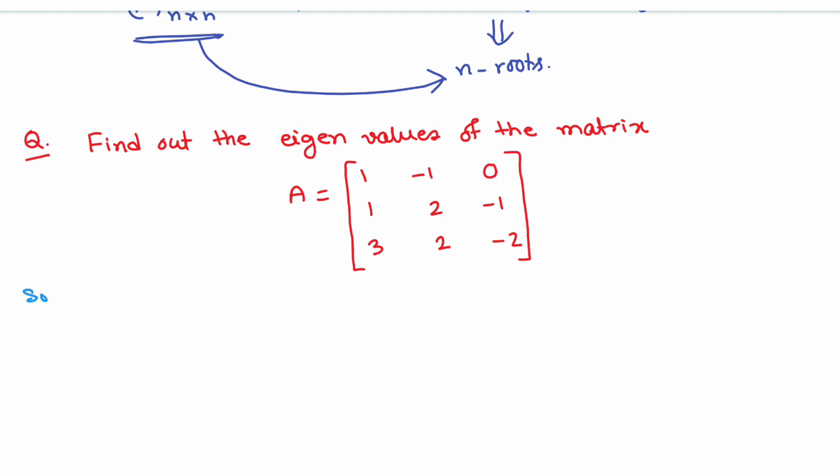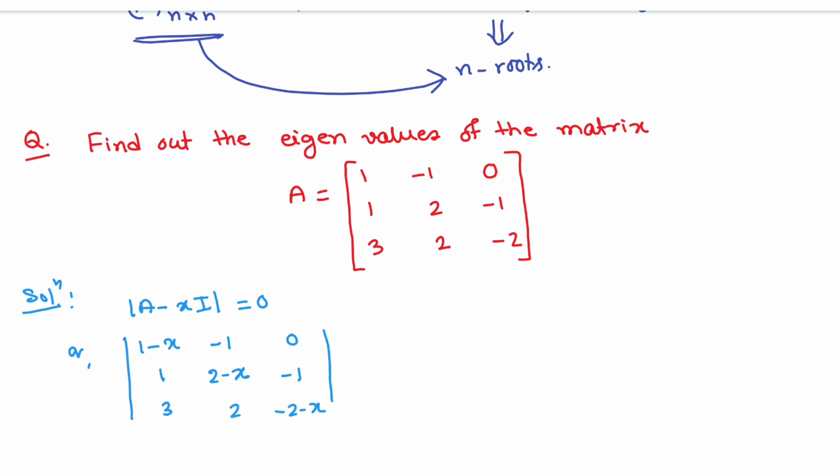So solution, determinant of A minus xI equals 0. That means x will be subtracted from the diagonal elements. So 1 minus x, minus 1, 0; 1, 2 minus x, minus 1; 3, 2, minus 2 minus x, and this is equals to 0.